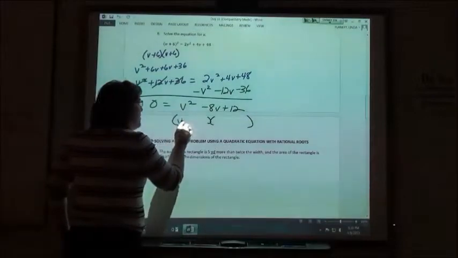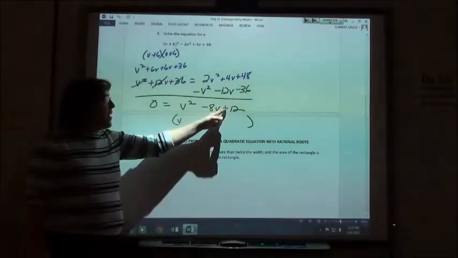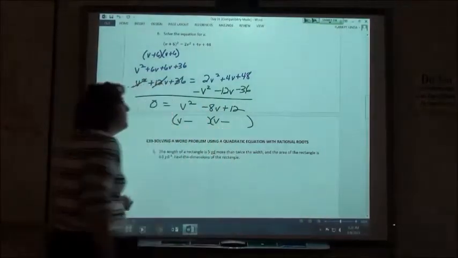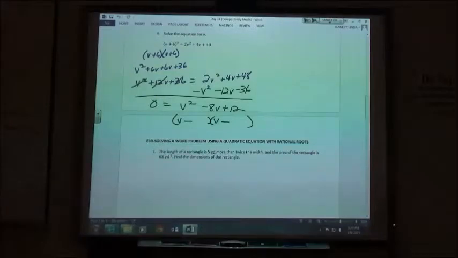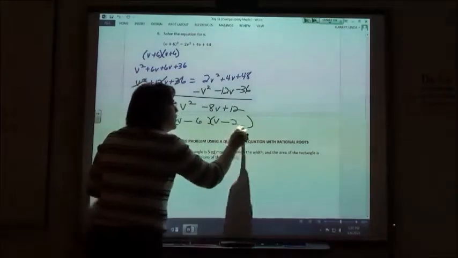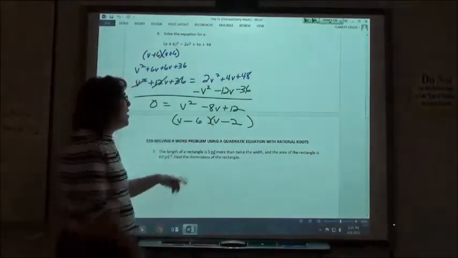Factors of v squared, v and v. My signs. The end is positive, so both are the same as the middle, a negative and a negative. Factors of 12 that give me the 8: 6 times 2, right? Negative 6 times negative 2 is positive 12.